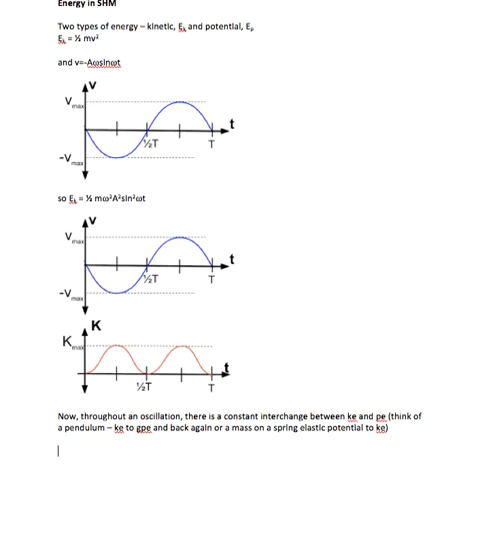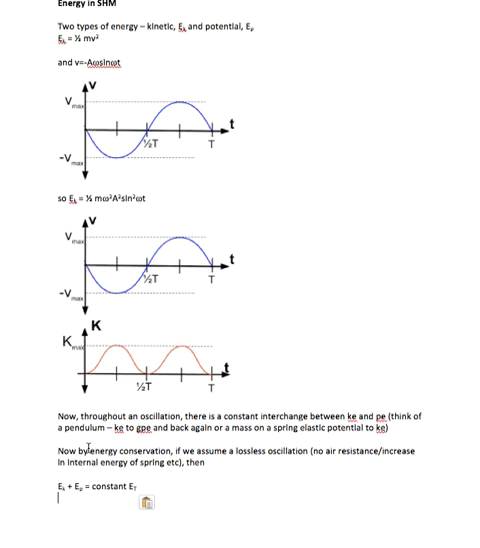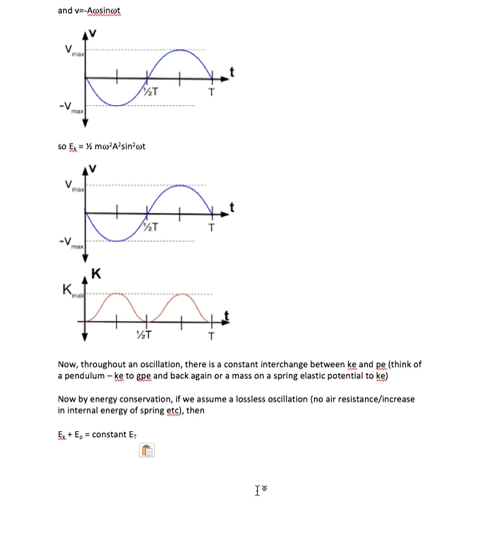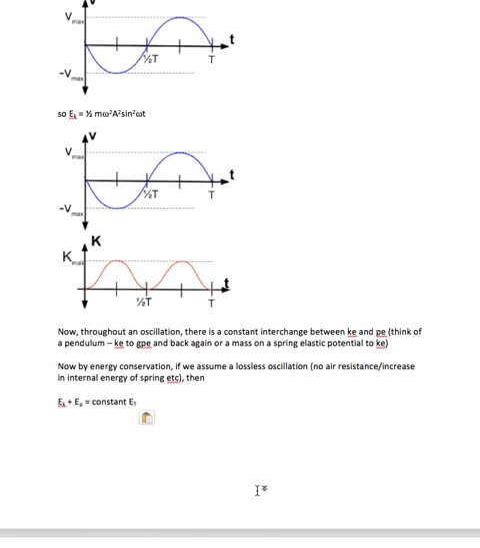So if we consider that there are no losses in this oscillating system, just to make life simple for us, then by energy conservation the energy is constant. So the kinetic energy plus the potential energy at any given moment will give us a constant value, which I'm calling E subscript capital T.